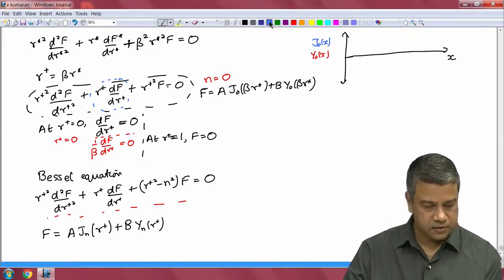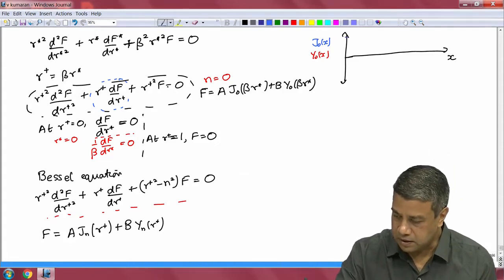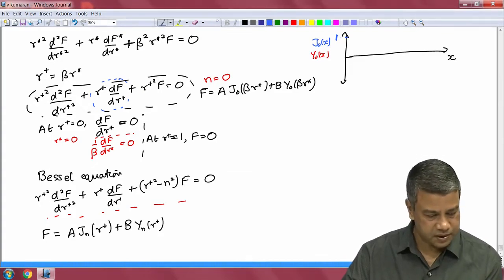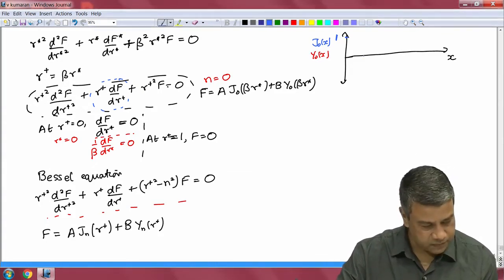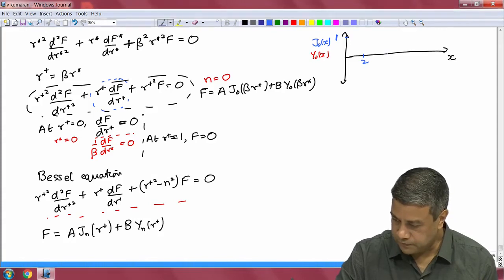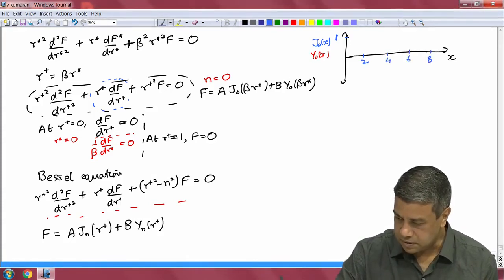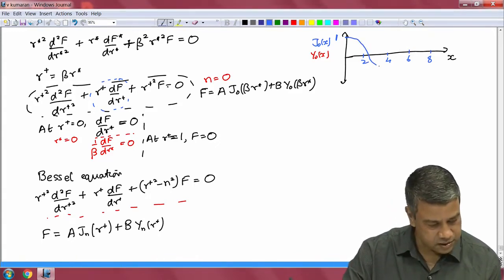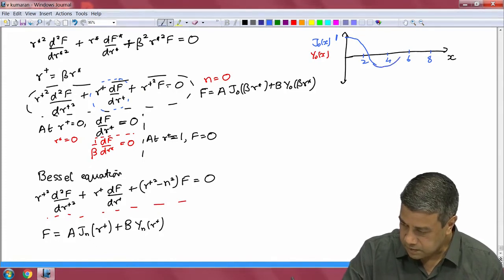The function J0 is equal to 1 at x equal to 0. If I plot for example 2, 4, 6, 8 etc., it decreases and then has an oscillatory shape.